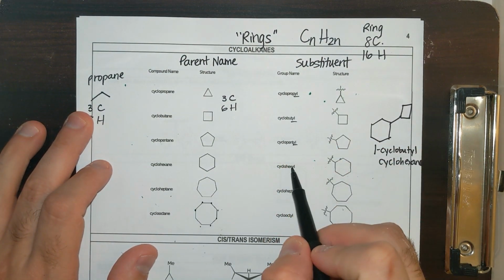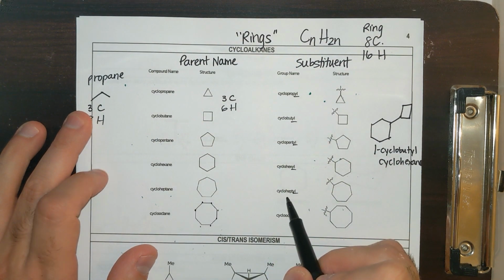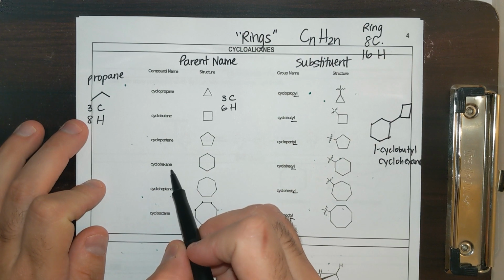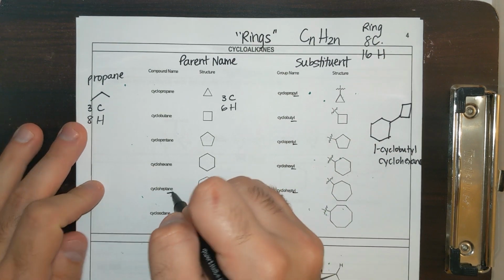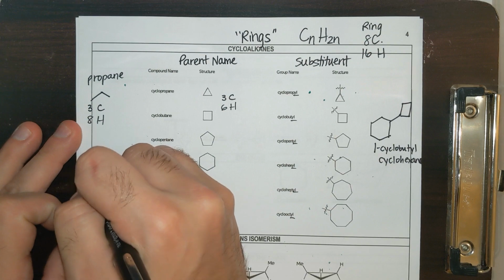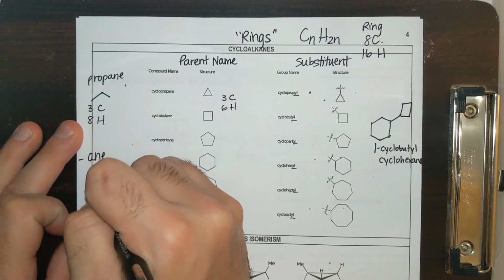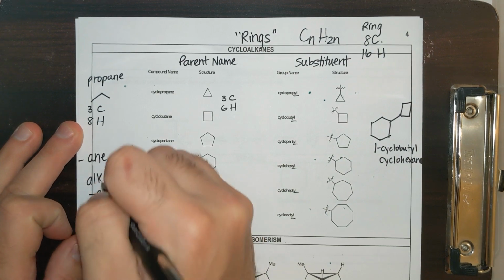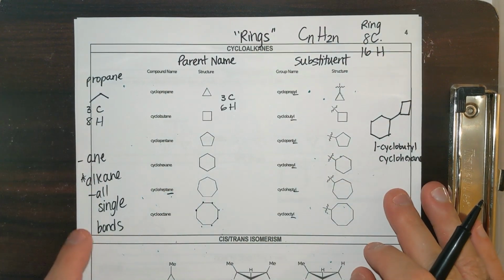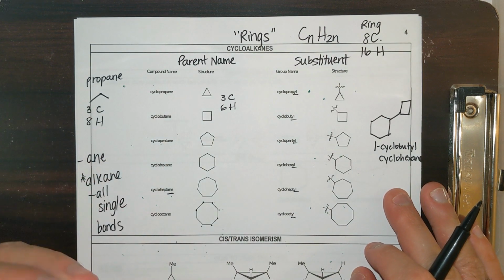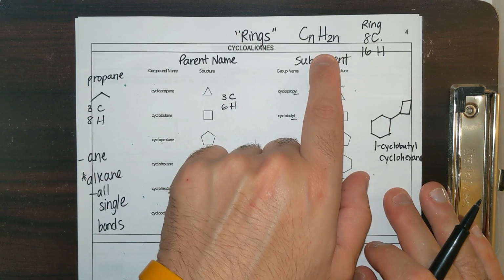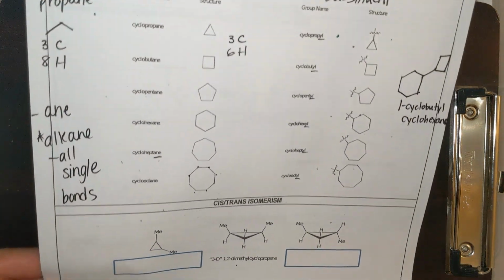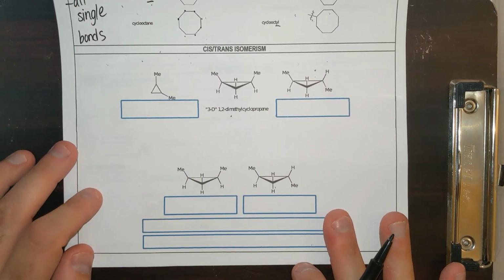They get -yl: cyclohexyl, cycloheptyl, cyclooctyl, cyclobutyl, as opposed to cyclobutane, cyclohexane, cycloheptane. And don't forget that -ane is an alkane, which means all single bonds. Even though it's an alkane, it's a ring, so the ring follows the CnH2n rule.